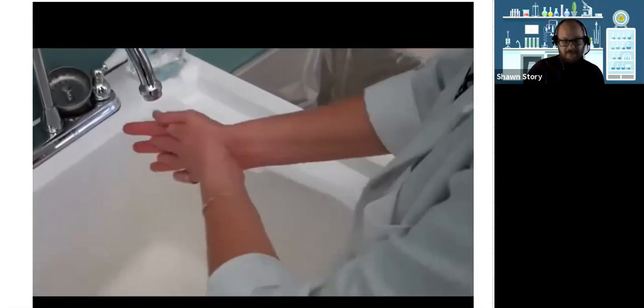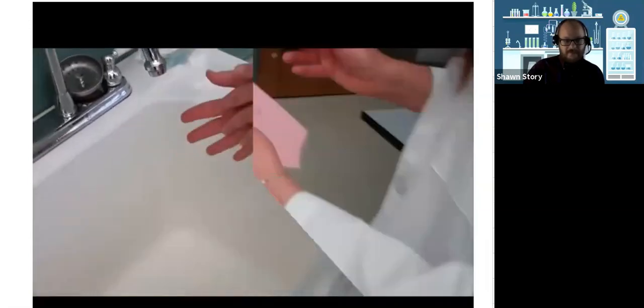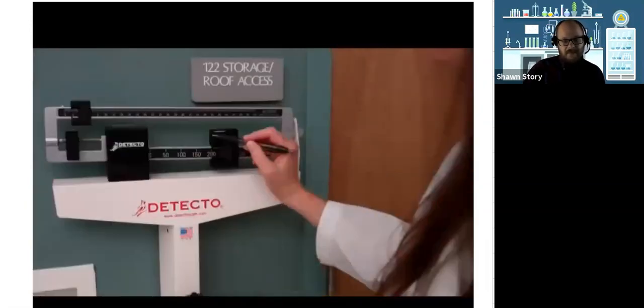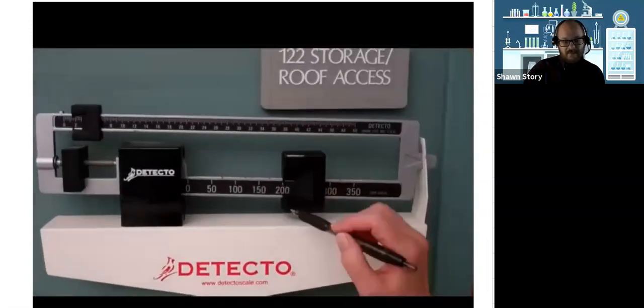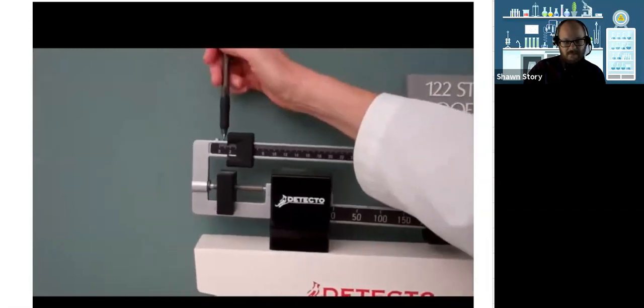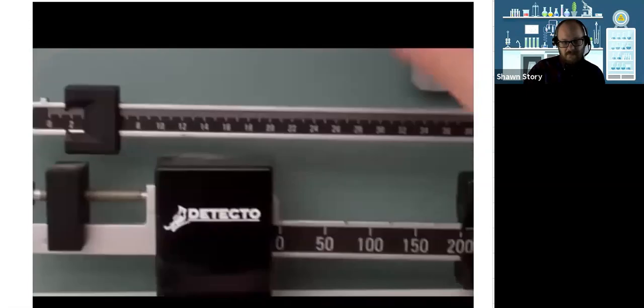And now I'm going to wash my hands before recording the weight. I will check the weight. And then if you will follow me, please. You will note that here we have 2. If you look at your bottom number, and then you come up top, and you add what you have.